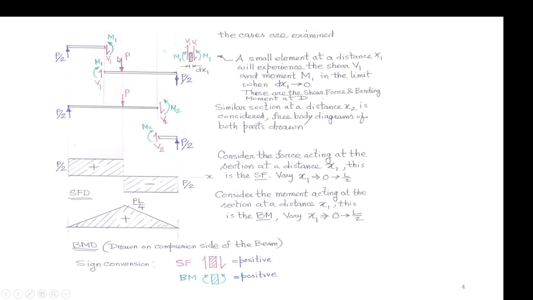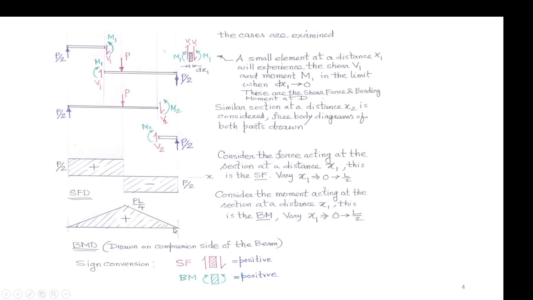Things change when you cross the beam after P, it reduces. If you are still in confusion, don't go from left crossing P. You come from the right side and take this P by 2 reaction, and you have already agreed that your sign convention, if you consider the right part, is the anticlockwise moment positive. P by 2 is creating an anticlockwise moment.